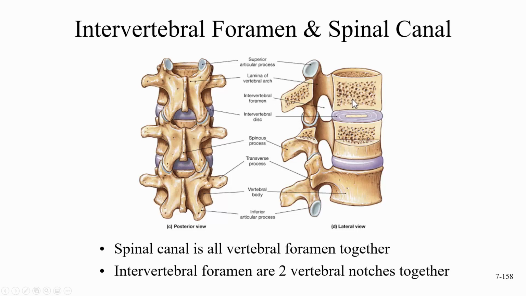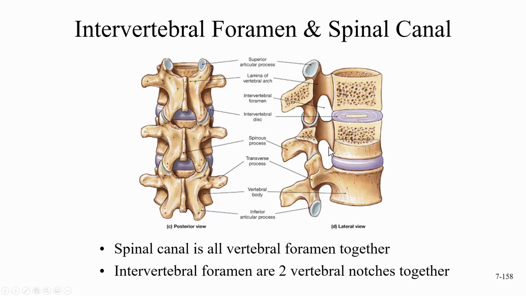Just remember, when it's separate, like here, this is just a notch. This is the below notch, so this is the inferior vertebral notch. Right here's the superior vertebral notch. We put two vertebrae together. Now we no longer have a notch, we have a hole. And again, the name for a hole is a foramen.